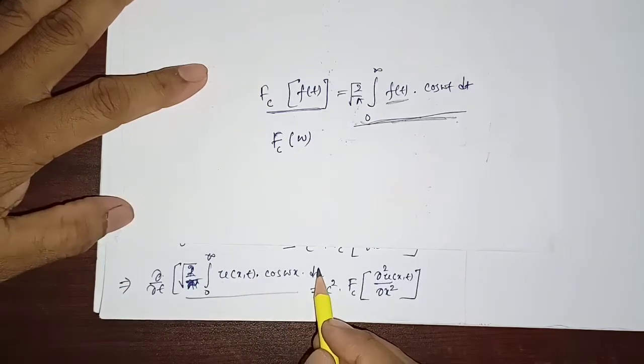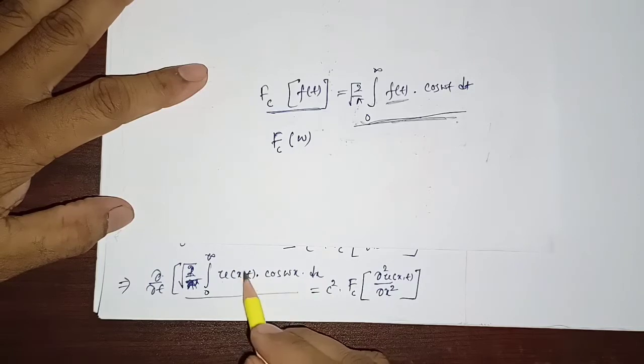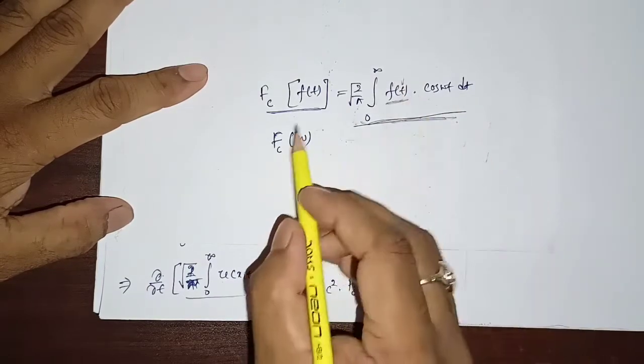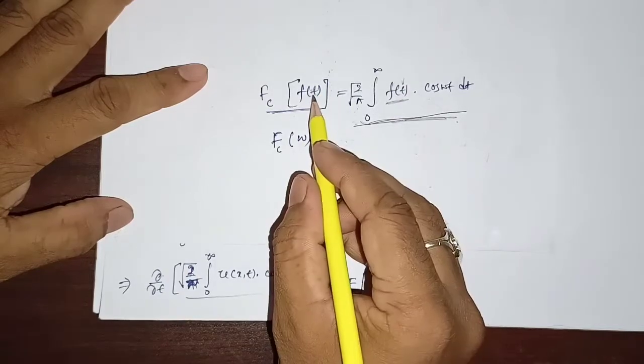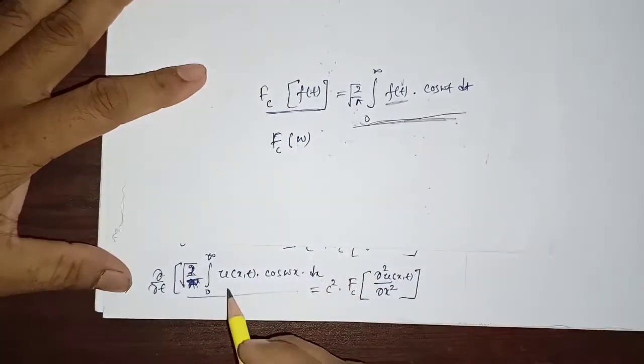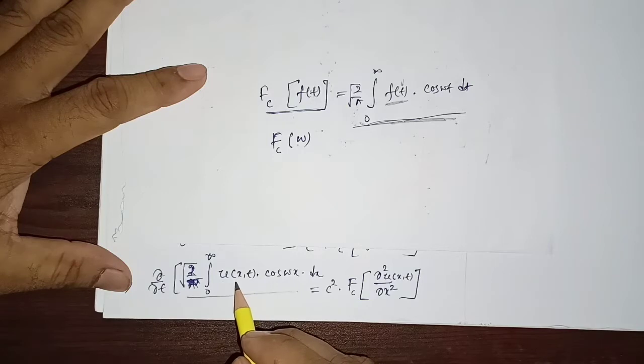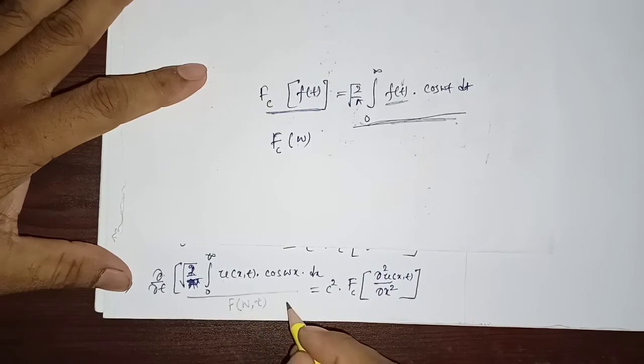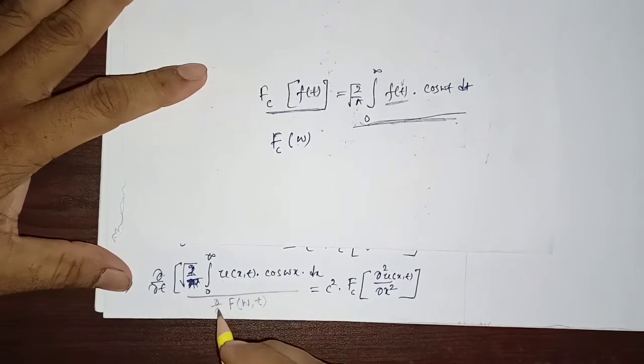That means the Fourier transform is applied over the x variable, whereas there it was applied over the t variable. So wherever there is t, here we have to write ω, so we write capital F in place of x, ω, and t remains t. ∂/∂t is there.